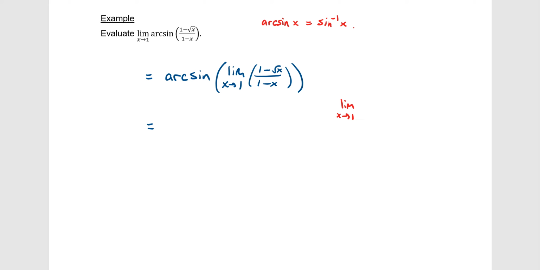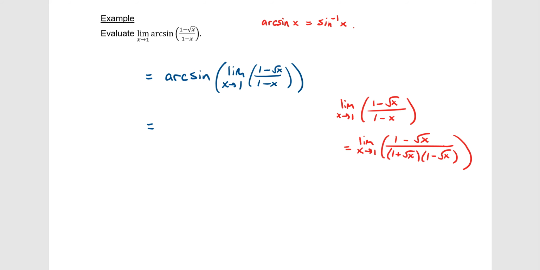What we have to do is actually use difference of squares to factor the denominator. So factoring the denominator, we want one of the factors to be 1 minus radical x. 1 minus x can be rewritten as (1 plus radical x) times (1 minus radical x). All that is a squared minus b squared equals (a plus b) times (a minus b).